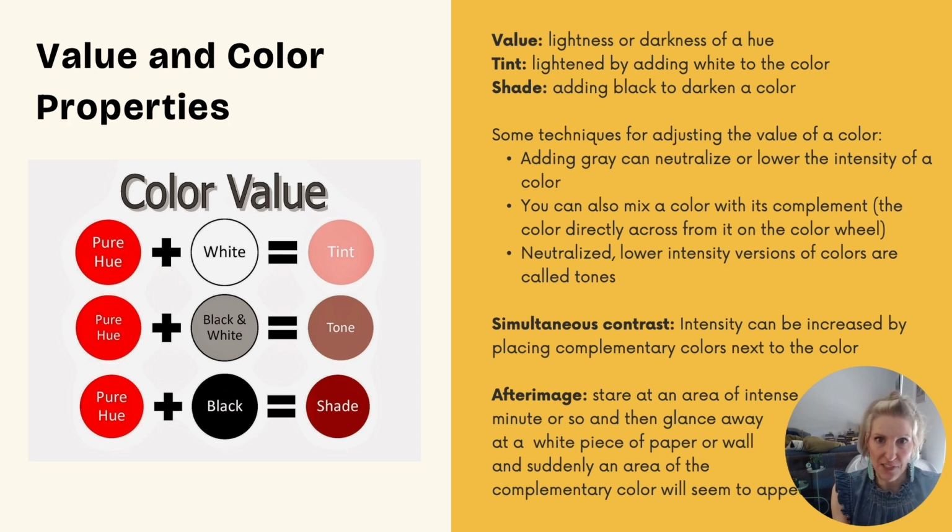Some other techniques for adjusting the value of a color are adding gray. This will neutralize or lower the intensity or saturation of a color. You can also mix a color with its color complement. A color complement is the color directly across from it on the color wheel. Neutralized or lower intensity versions of colors are called tones.